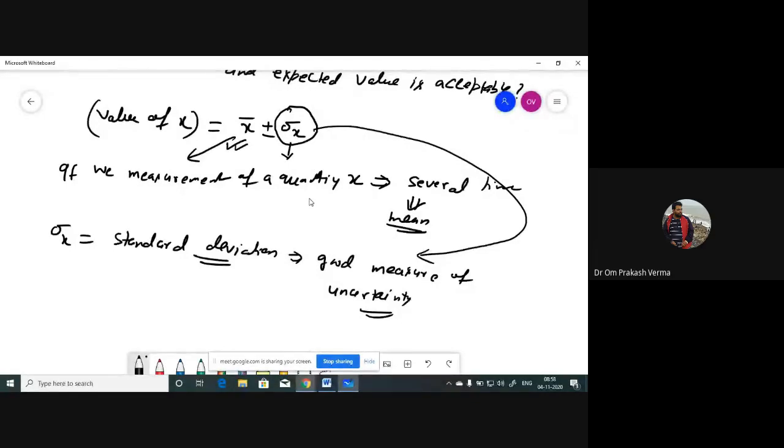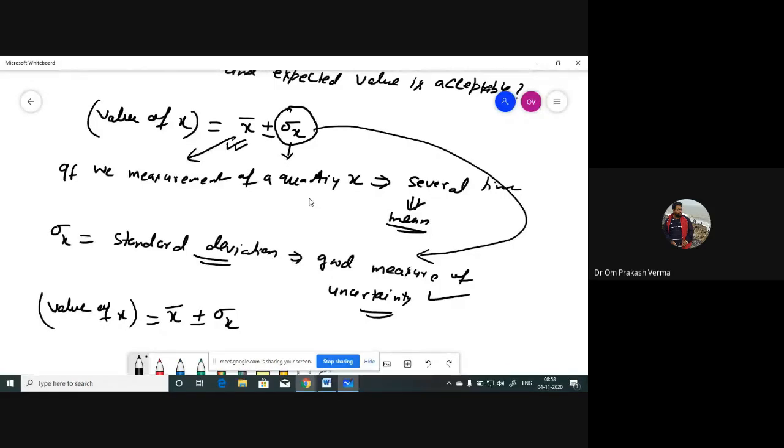So finally the value of x is given by the mean value, the best estimated value, and with some standard deviation, that will say about your uncertainty. अब uncertainty आपको कितना लेना है? That will be more important, right?